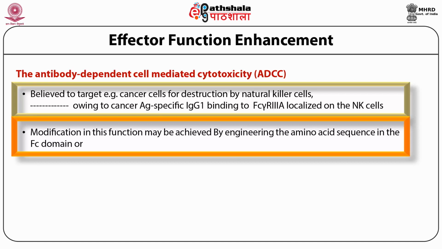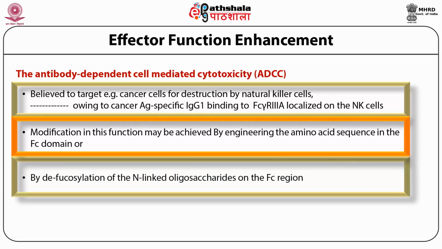Now this effect can be enhanced by modification at the genetic level of an antibody fused Fc region. So modification in this function may be achieved by engineering the amino acid sequence in the Fc domain in order to enhance the binding affinity of the Fc domain for its receptor on various cell types.